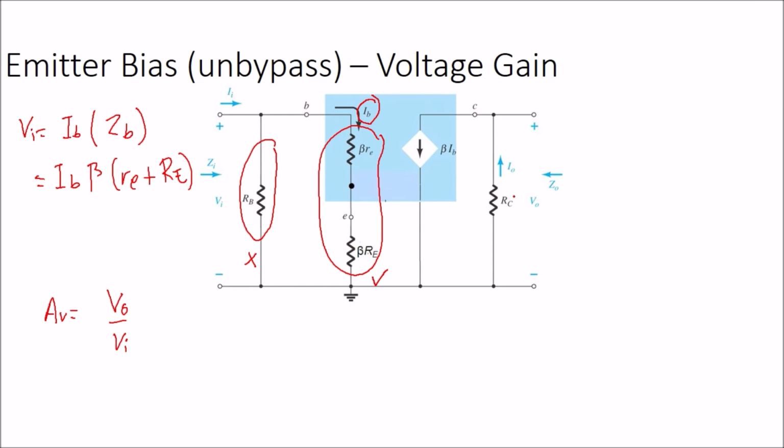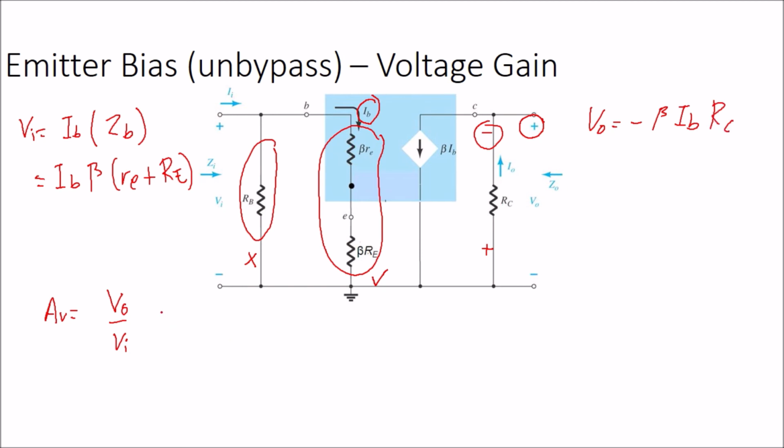For V0, the current flows from top to bottom at the RC, and from the bottom to the top, so it's going to be plus minus. Because of the different polarity here, your V0 is equal to minus. The total current is beta IB, and the total impedance is RC.